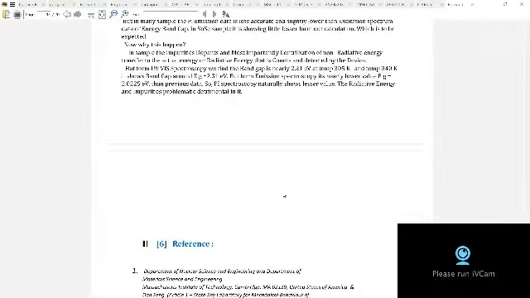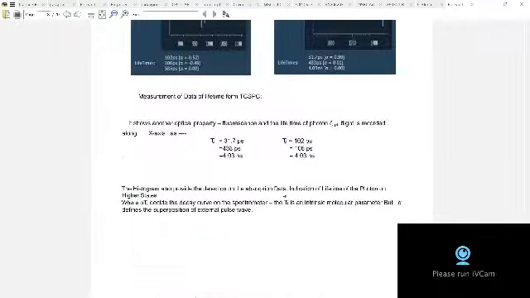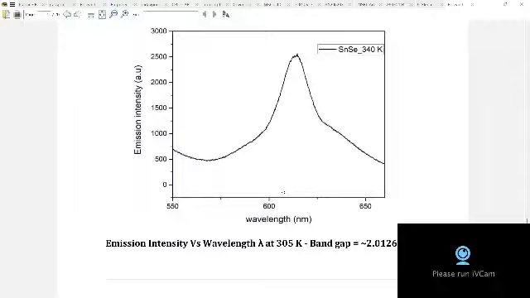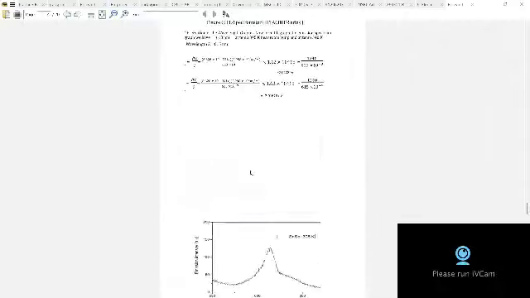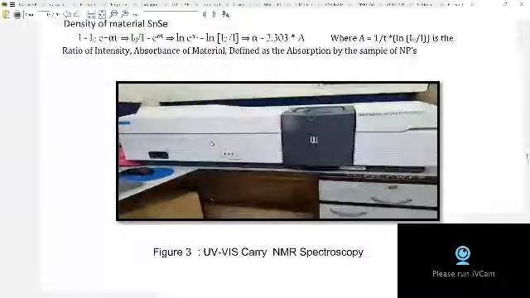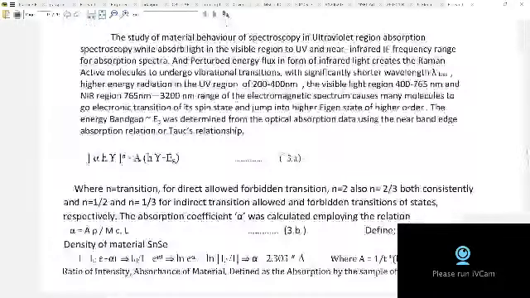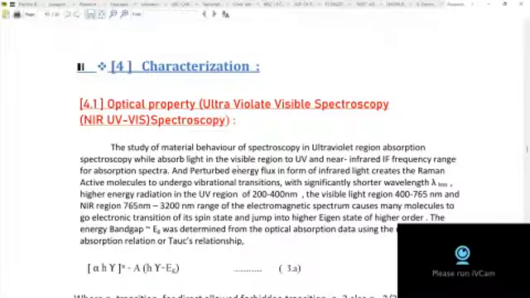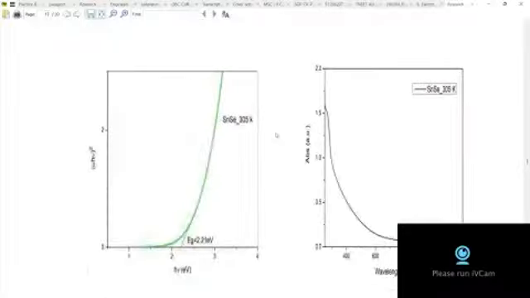Look at this, this is our research data. This is the same intensity, alpha h nu square. Look, this is nothing but (alpha h nu) to the power n equal to h nu minus Eg, and those are optical UV phase microscopy and these characteristics.